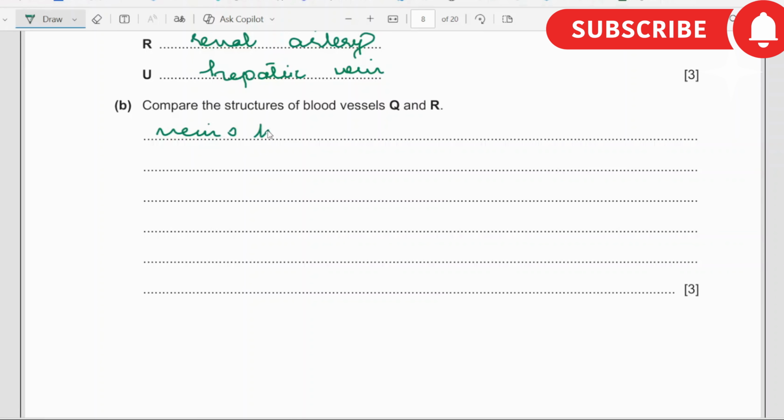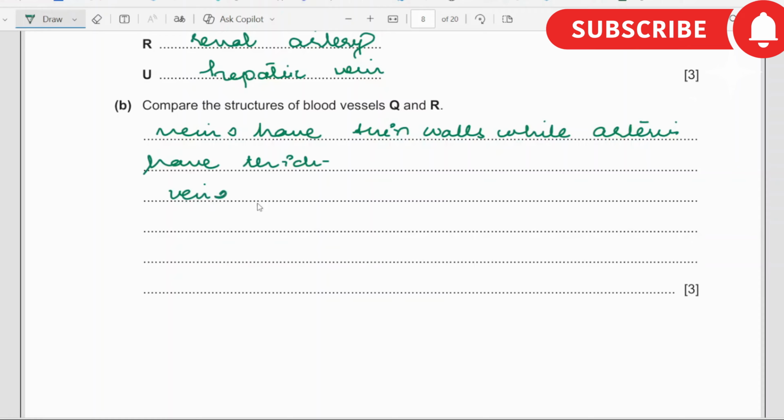Veins, thin walls. Correct. So veins have thinner walls as compared to arteries.